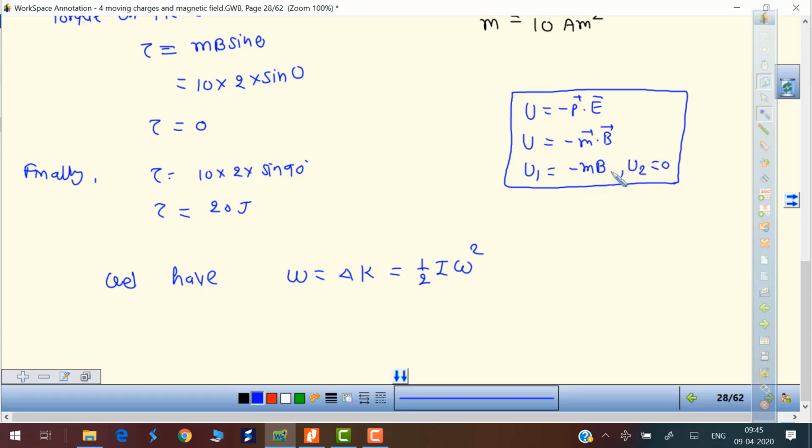So change in potential energy is MB. So U2 minus U1 is equal to 0 minus MB. So this is the change in potential energy.